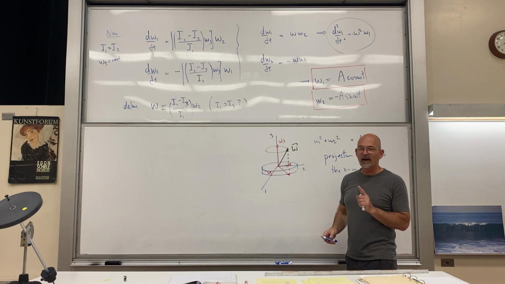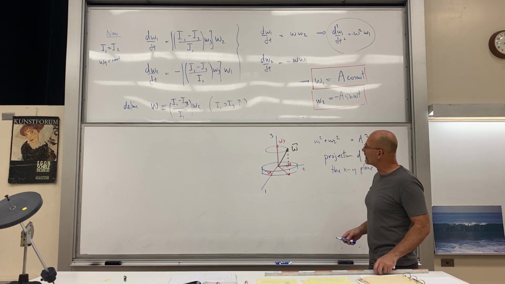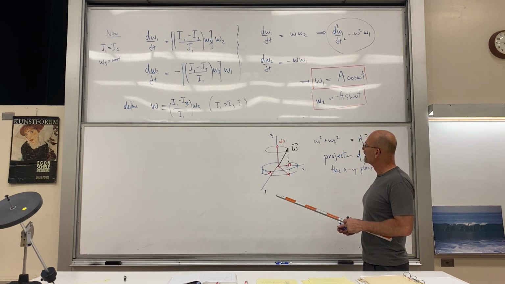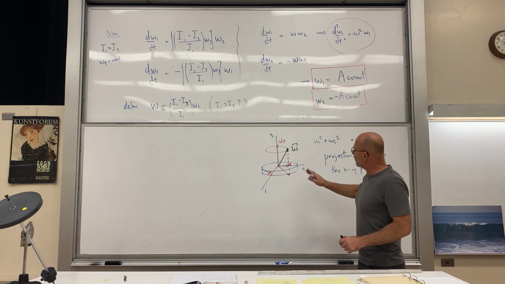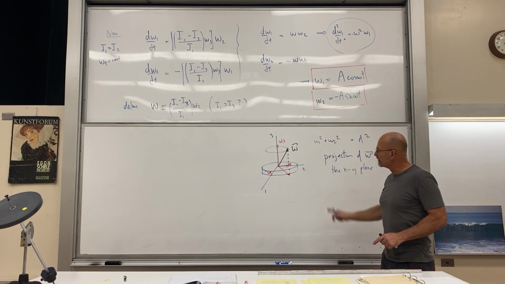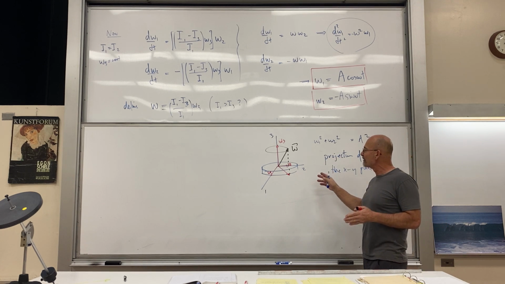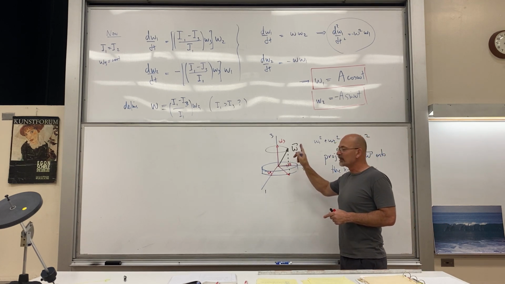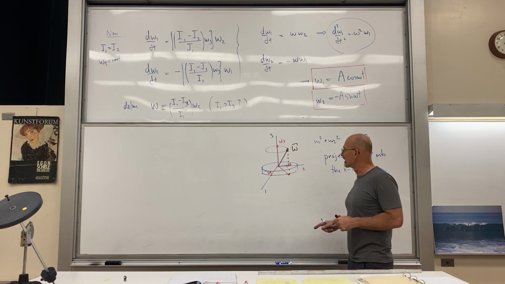Now we're going to want to transform this back to the lab frame, because both omega and L are going to be moving in the body frame. In the lab frame, omega is going to be moving, but L is going to be fixed. Okay.